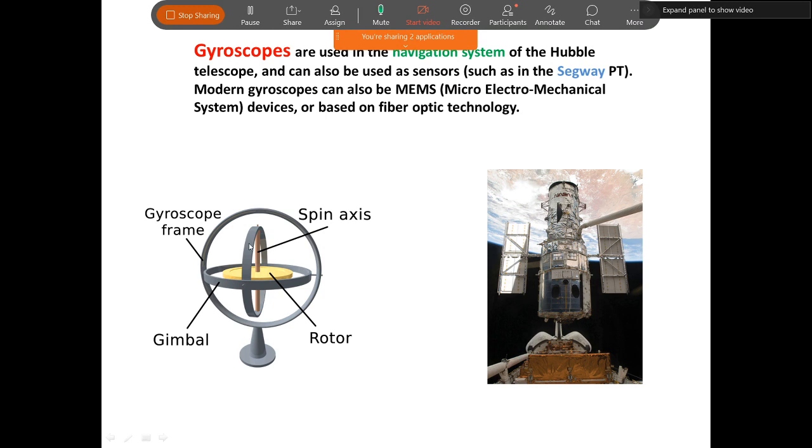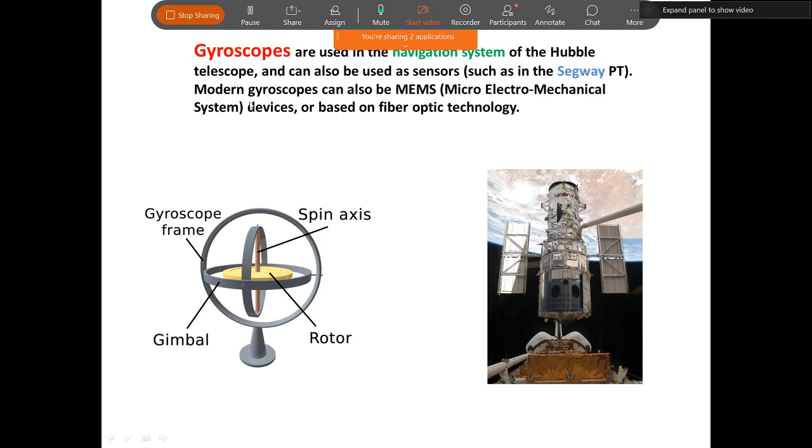Previously, gyroscopes used to be something like this, for which we have seen the video, where we used to have a rotating disc, rotor, and those things. Nowadays, these modern gyroscopes are replaced by MEMS devices with some other technology.